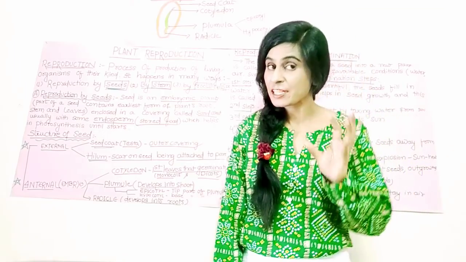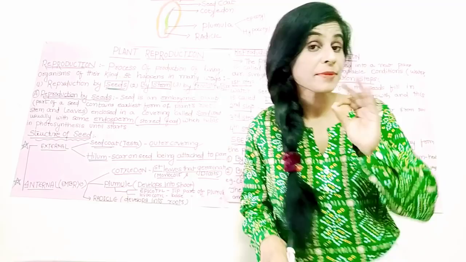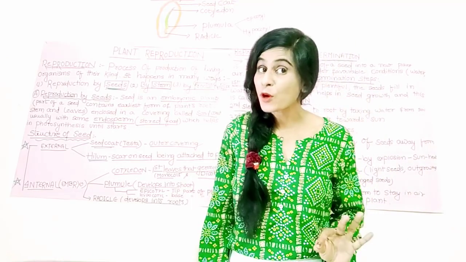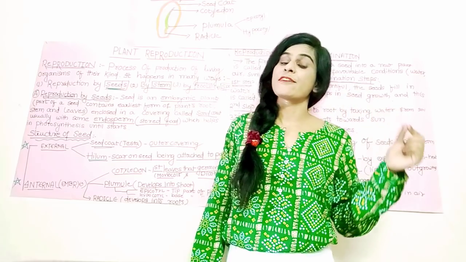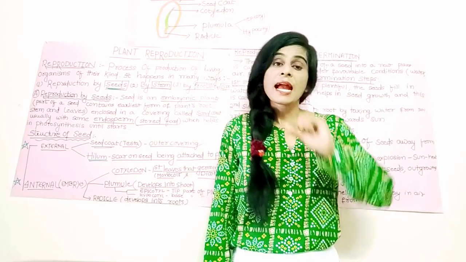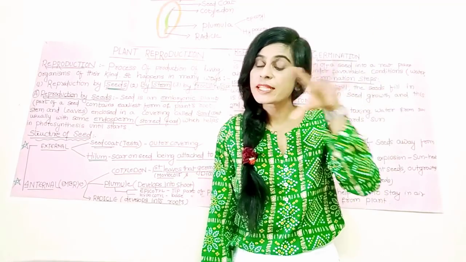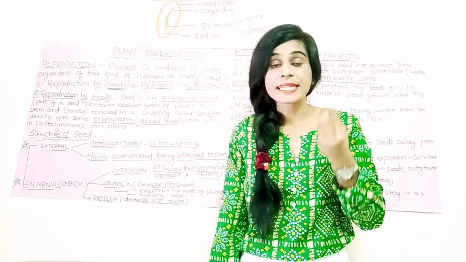Understood? Here some scientific terms are there, like embryonic plant. Once again, students, what is an embryonic plant? It's a part of the seed which will further develop into root, stem and leaves. The seed is covered by an outer covering called the seed coat or testa. T-E-S-T-A.